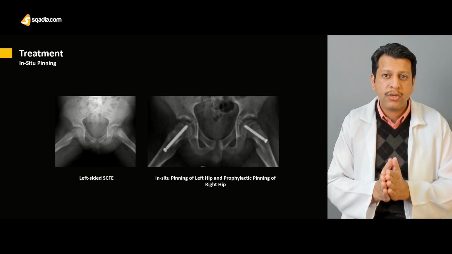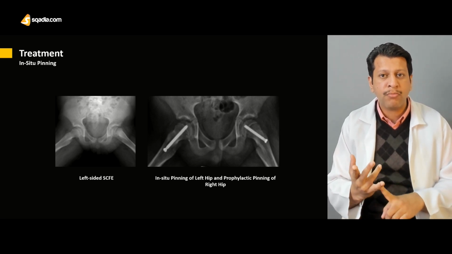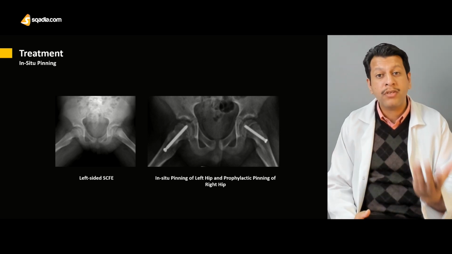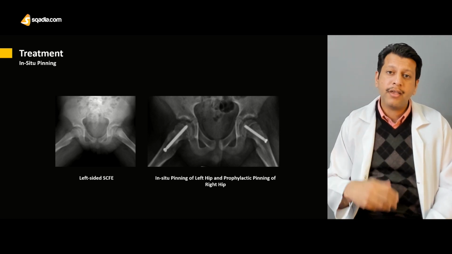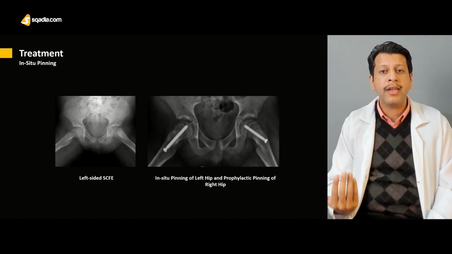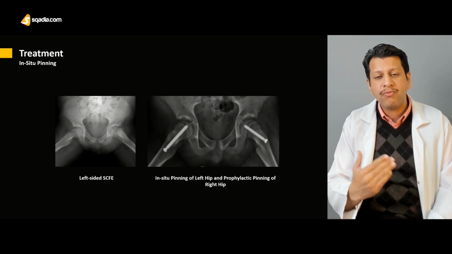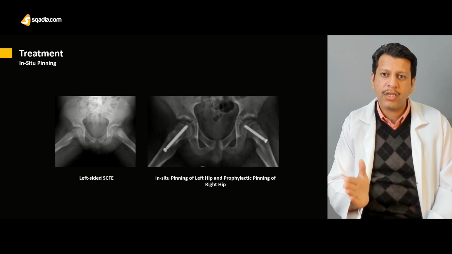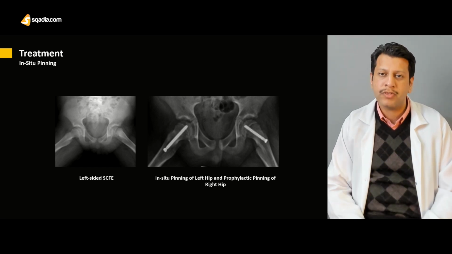If the same patient with right side pathology had presented early with endocrine abnormalities and obesity, then we should also prophylactically fix the other side, which in our case was the left side. But if the patient has presented late, there are no associated endocrine abnormalities and there is no obesity, then probably we don't need to go for prophylactic fixation. Probably we can go for the fixation which is actually required, and only on the involved side.